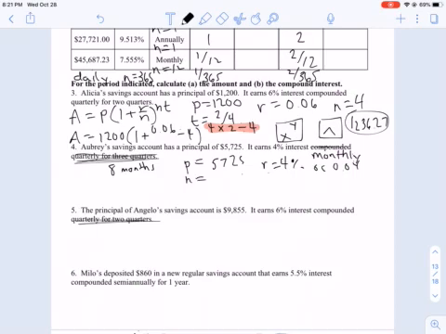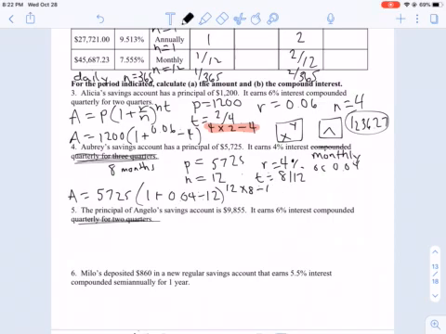If it's compounded monthly, that's a 12. And since we're doing it for 8 months, that's 8 out of 12. So our amount is 5,725 times 1 plus 0.04 divided by 12, raised to 12 times 8 divided by 12.